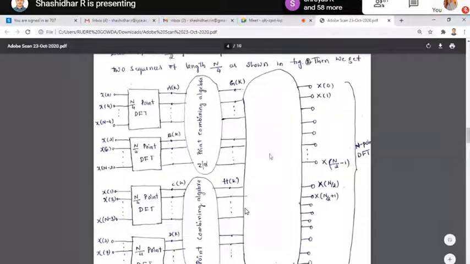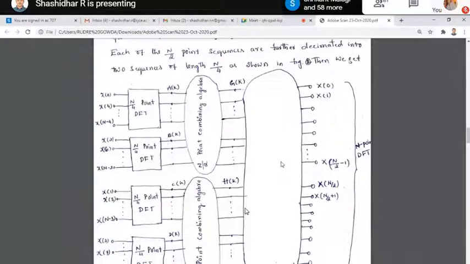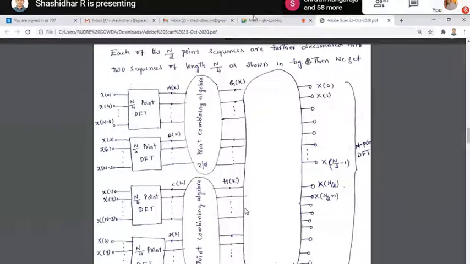This is N/2, and in the second stage we have A(K), B(K), C(K) and D(K). These are the outputs.